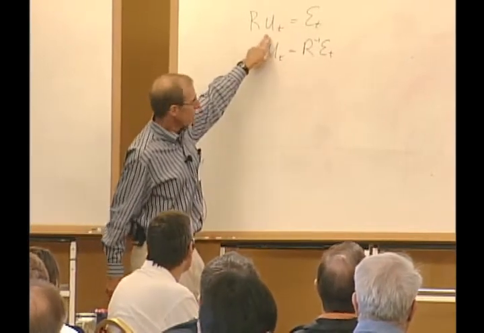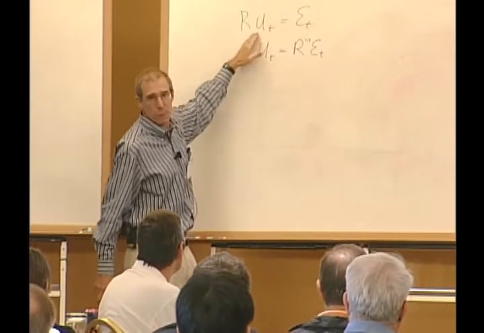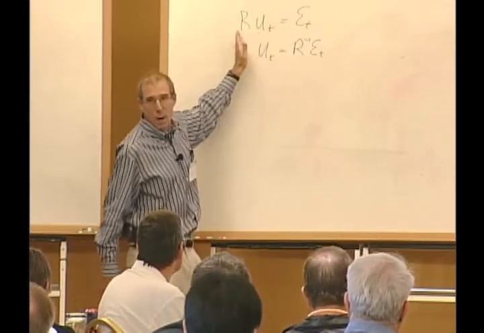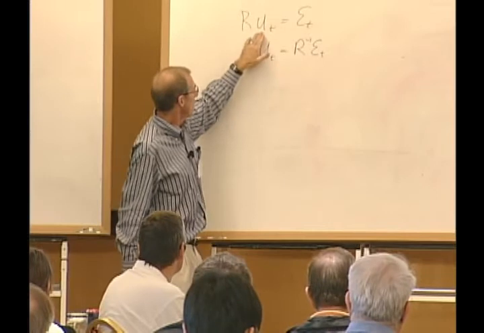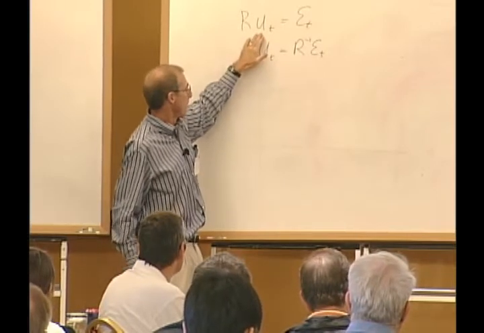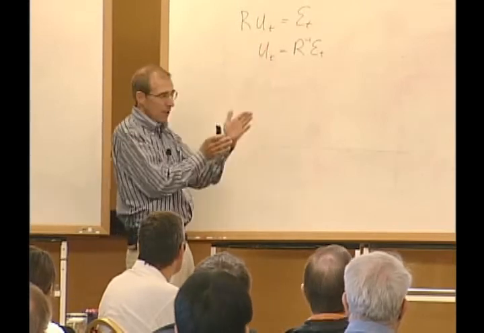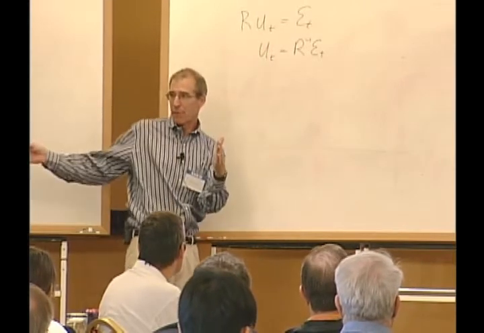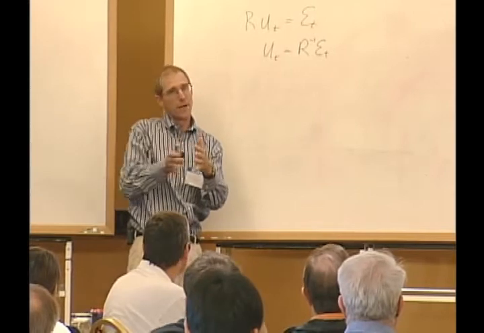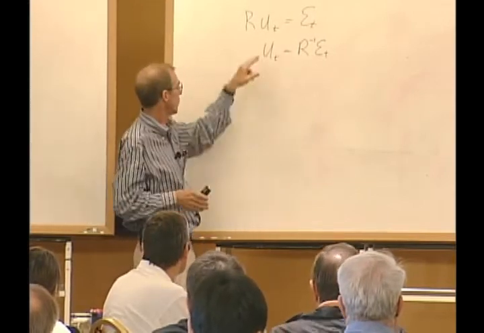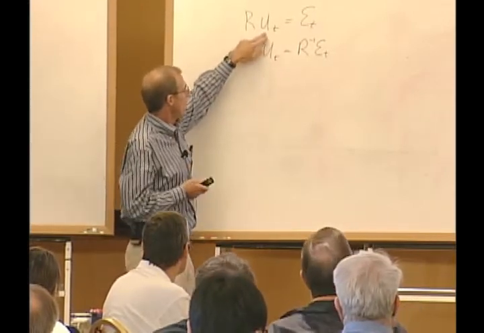These innovations are the residual from the population regression of y on its past. The space of the innovation spans the space of y contemporaneously. That is, you can use past values of the innovations to construct y, or past values of y and innovations to construct y. And that's what's meant.